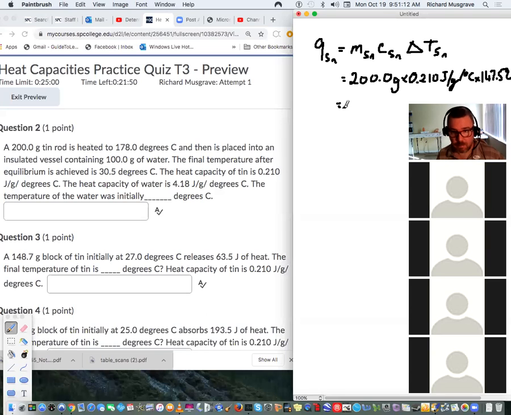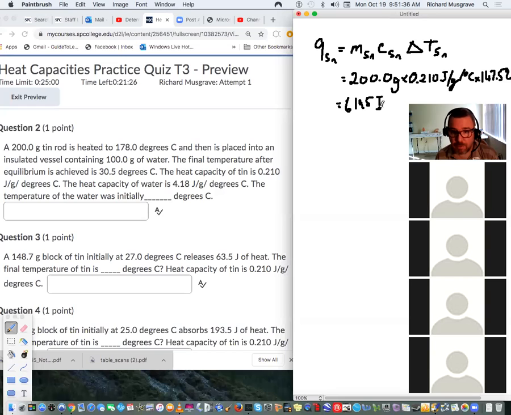It looks like it releases heat. It does. How do you know that, David? Just reading it, it says it's heated to 178 degrees C, placed into water, and then it goes down to 30 degrees C. Yeah, so in order to go down, it must have released heat, right? Of course. That's good.